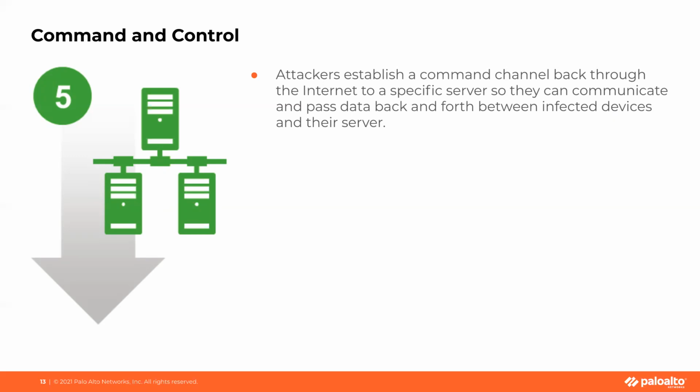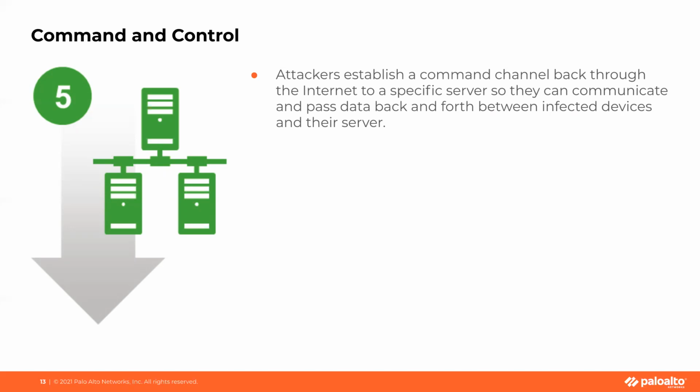Very far back in history, this used to happen by malware listening on a particular port on the endpoint, and then the attackers would connect. But obviously, in the days of firewalls and network segmentation, this is very difficult. So what most types of malware do for command and control is they actually initiate the connection from the infected endpoint back to the attacker's server, because these connections are typically more likely to succeed. And it's in the attacker's interest for these connections to succeed.